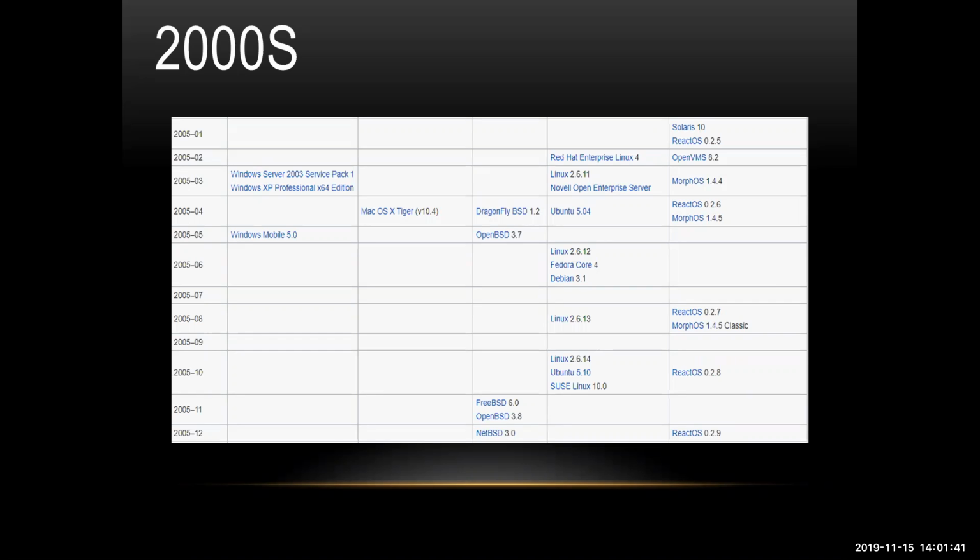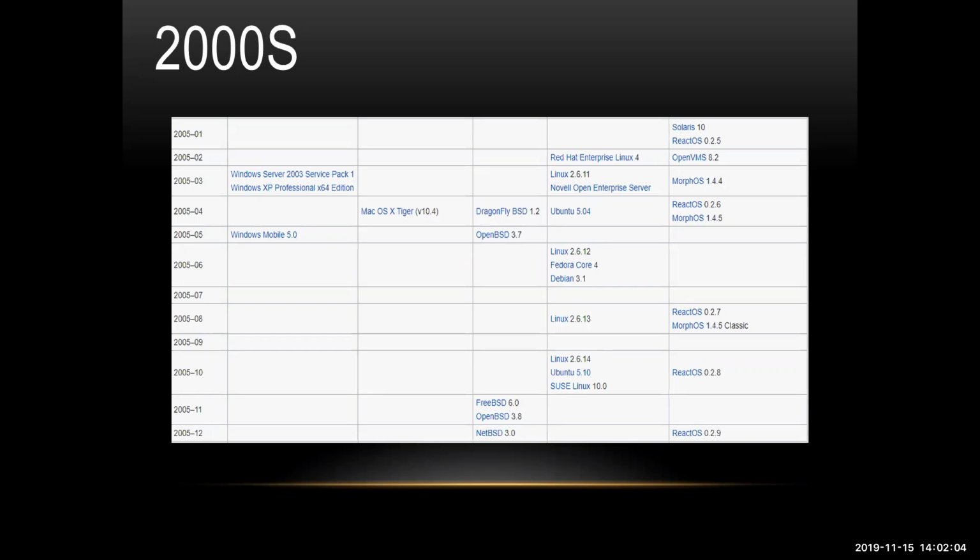And then May, we had Windows Mobile 5.0, the original codename Magneto. It was released at Microsoft's Mobile and Embedded Developers Conference in Las Vegas. And then we also had OpenBSD 3.7.